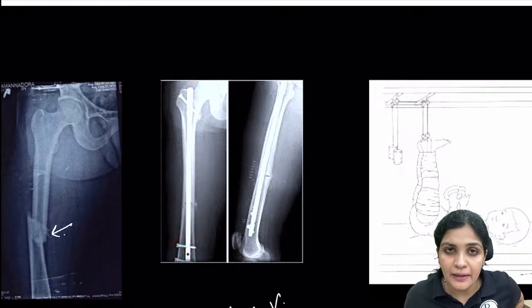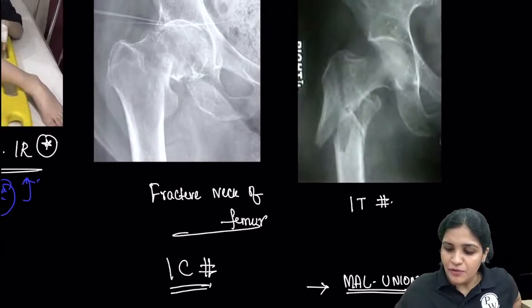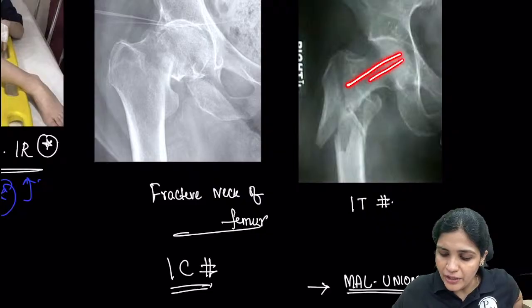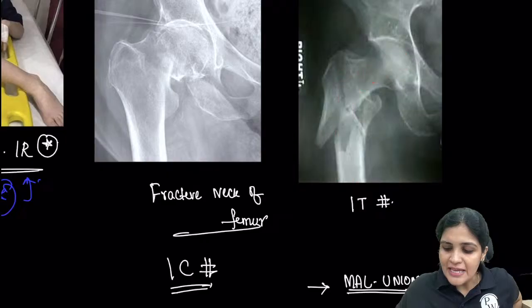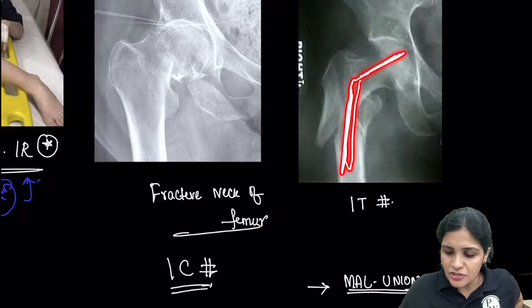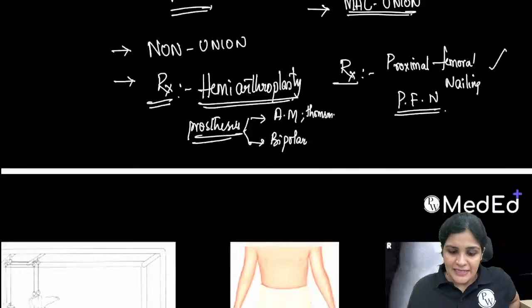Got it? So here in the proximal femoral nail, I will put a screw into the head like this and then I will put a nail like this. So this is a cephalomedullary nail. Cephalo means it is in the head. This is intramedullary.